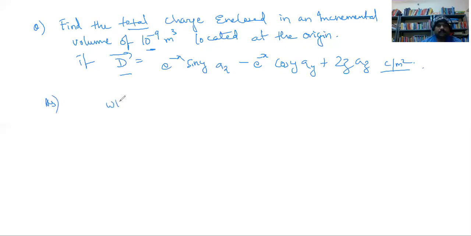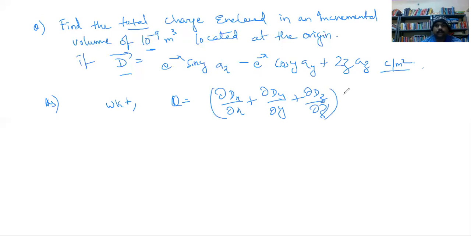We know that the total charge enclosed is nothing but dou dx by dou x plus dou dy by dou y plus dou dz by dou z into the volume enclosed. Right? So we will take the first one, dou dx by dou x.